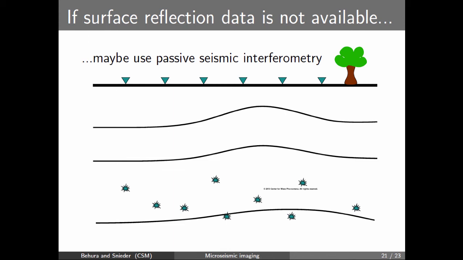What can we do in that case? Maybe we can use passive seismic interferometry to generate these virtual source gathers, as shown by Dragunov and people in Delft, that you can generate such reflection seismic data from passive seismic interferometry and then use that data in the whole procedure.